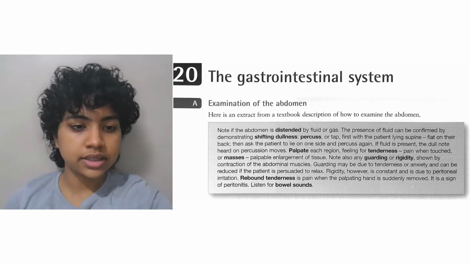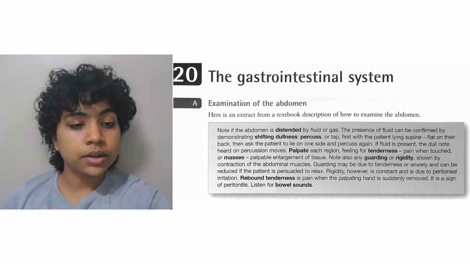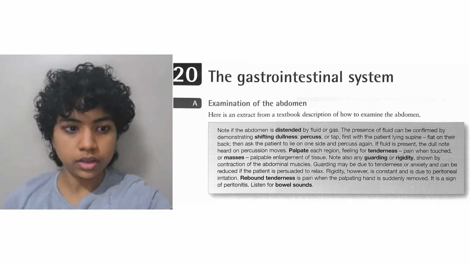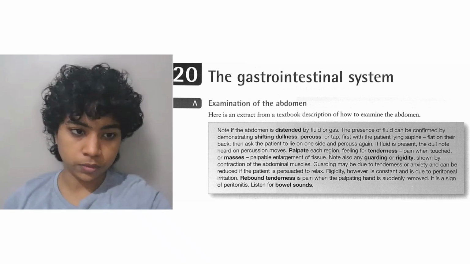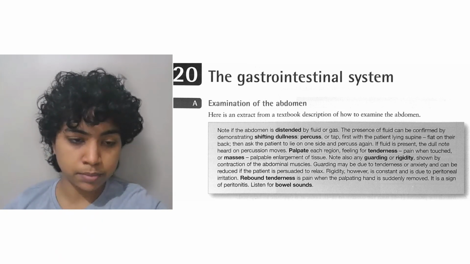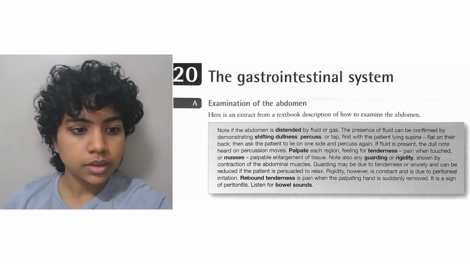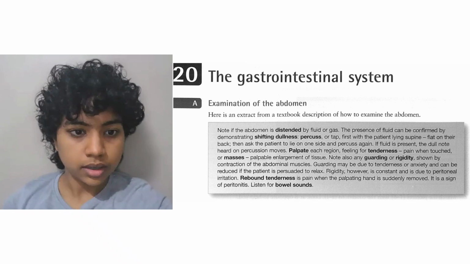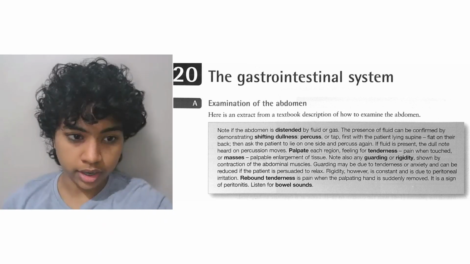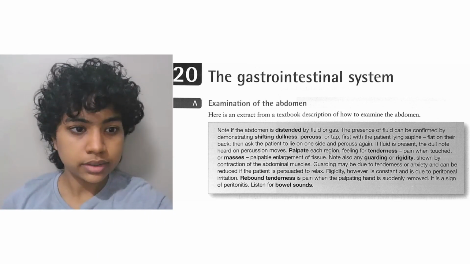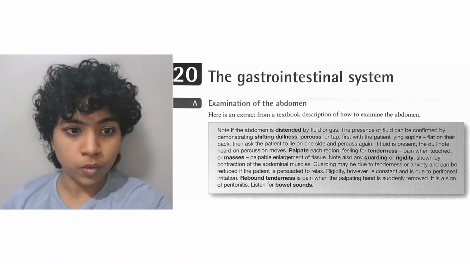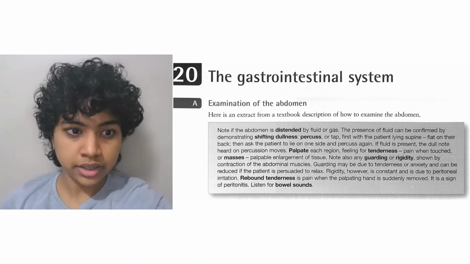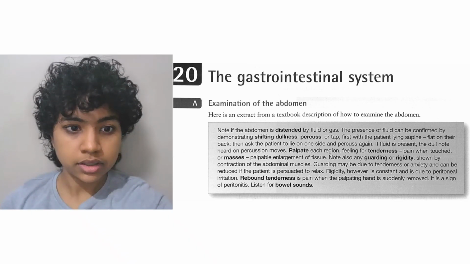The gastrointestinal system. Here is an extract from a textbook description of how to examine the abdomen. Note if the abdomen is distended by fluid or gas. The presence of fluid can be confirmed by demonstrating shifting dullness.